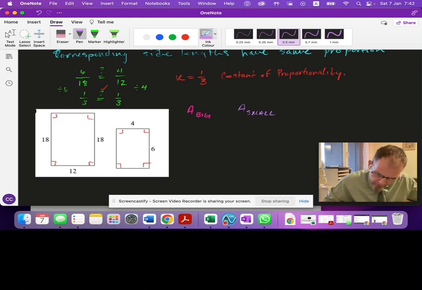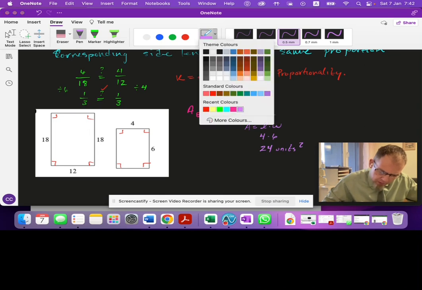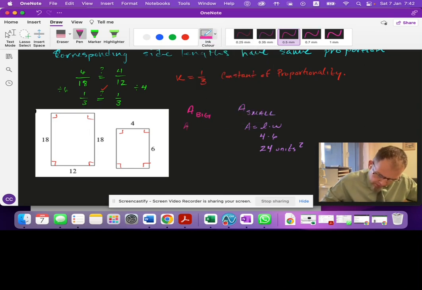Real quick, just calculating this, area is always length times width. So this is 4 times 6, so this is 24, and we have units squared. And the other one here is again length times width. That's 12 times 18.